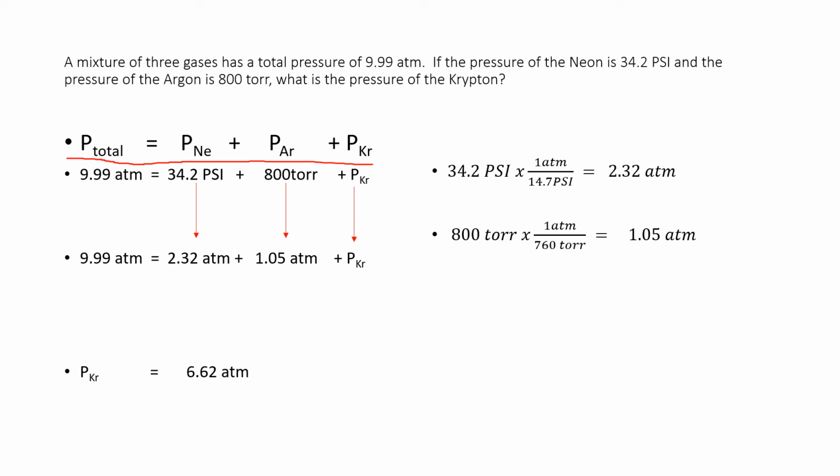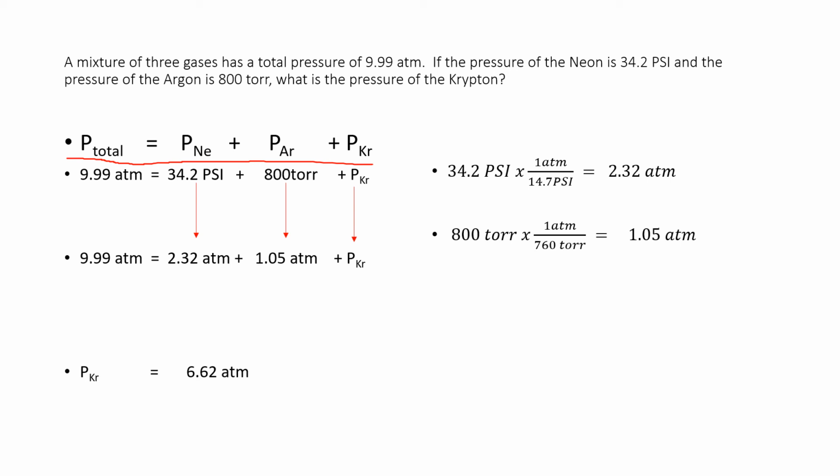In this case, they don't say. It just says, what is the pressure of the krypton at the end? That means we have the freedom to pick whatever pressure unit we want. In this case, I chose atmospheres. Remember, sometimes they're going to force you to use a specific pressure unit, though. For this problem, I picked atmospheres, so our goal is to convert everything to atmospheres.